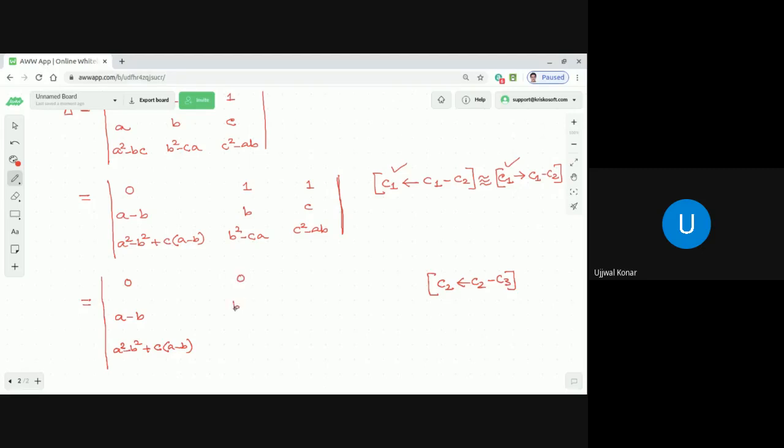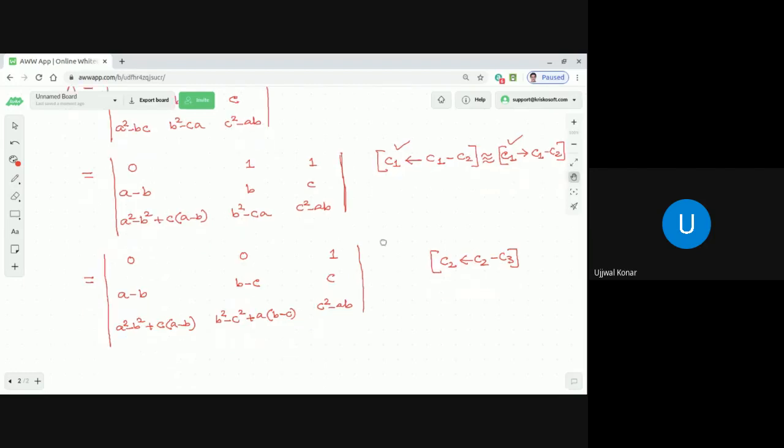B minus C, it will be like this, and then B square minus C square, correct, plus A into B minus C. Correct, dear students? And then 1, C square minus AB. So we make this thing.